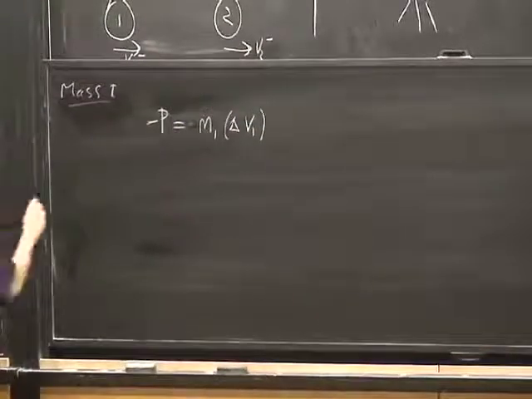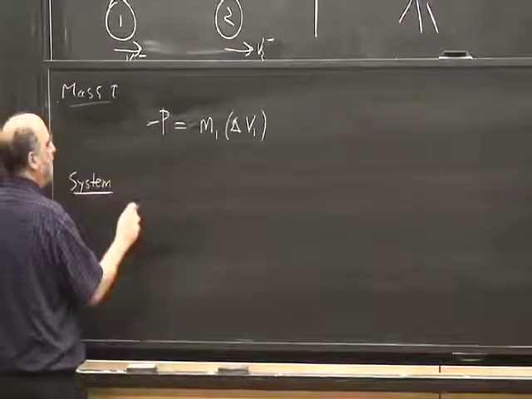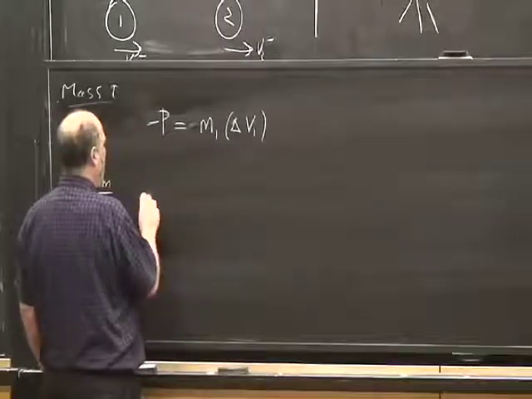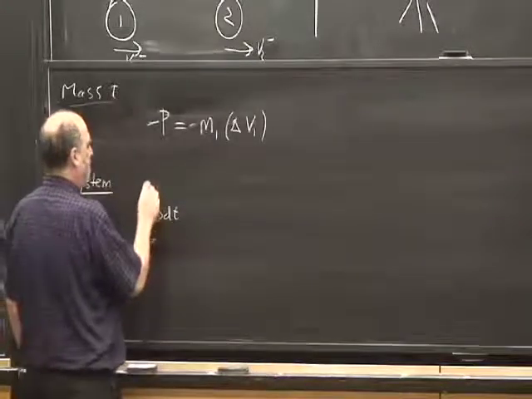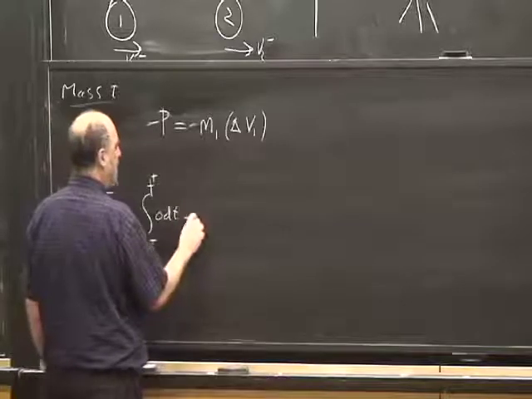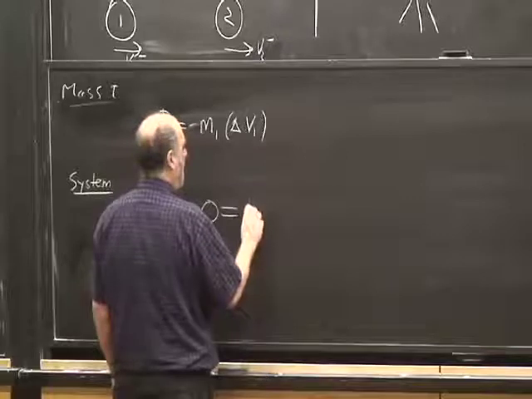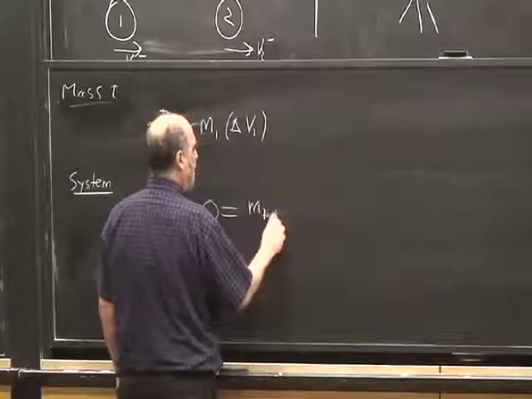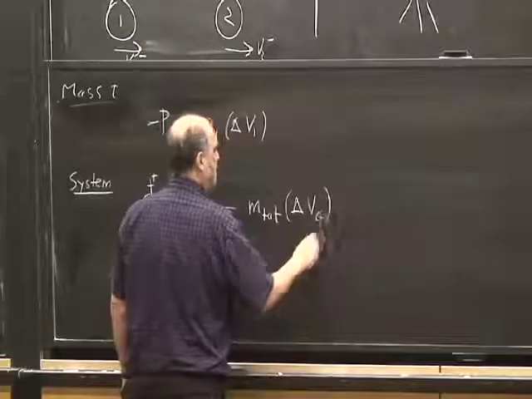And I can write the same thing for the system. And for the system, there's no force. So the integral of 0 dt from t minus to t plus is equal to 0. So I have 0 is equal to m total times delta v of the center of mass.